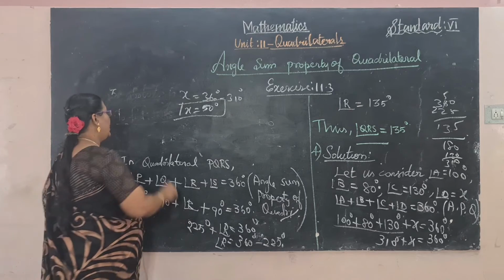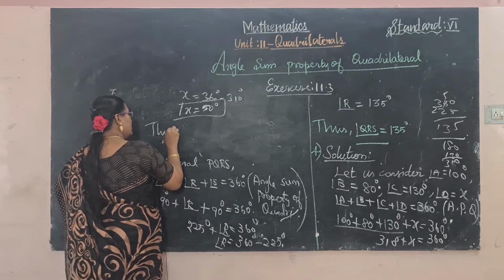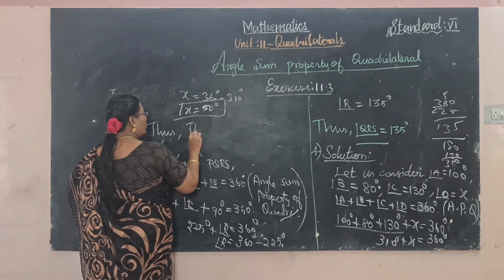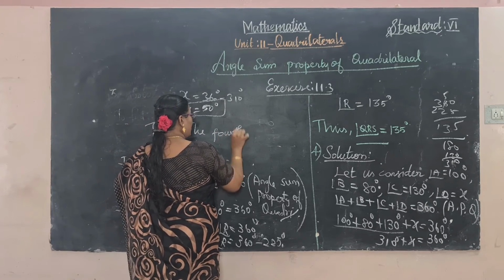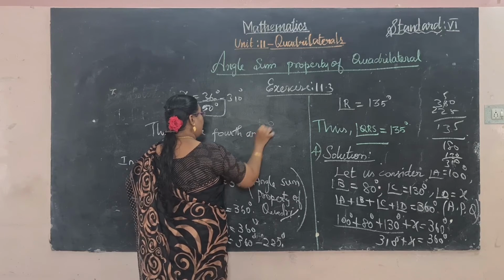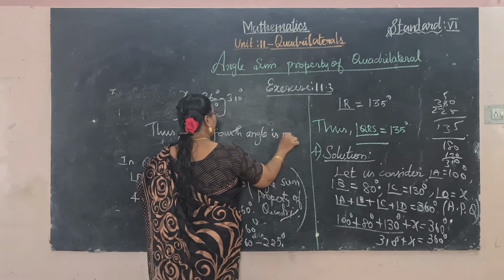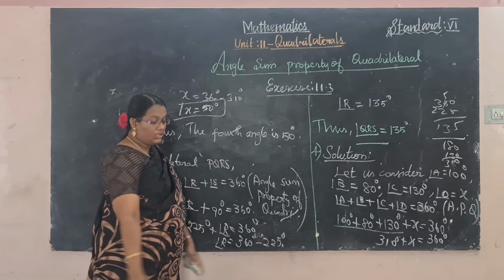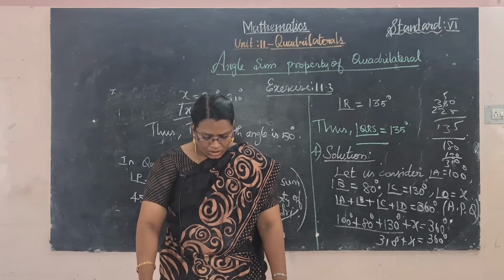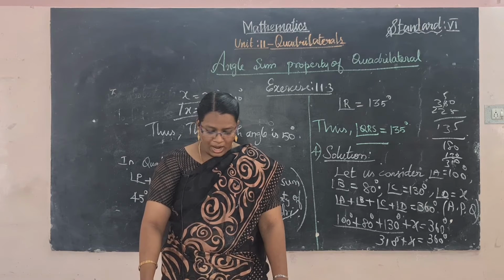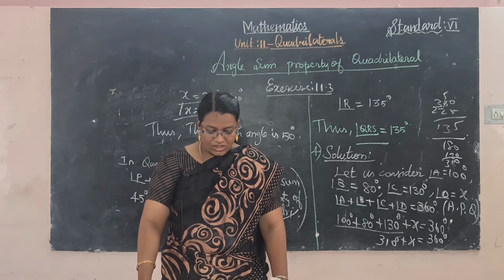Thus the fourth angle is 50 degree. And the fifth one: a quadrilateral has all its 4 angles of the same measurement.